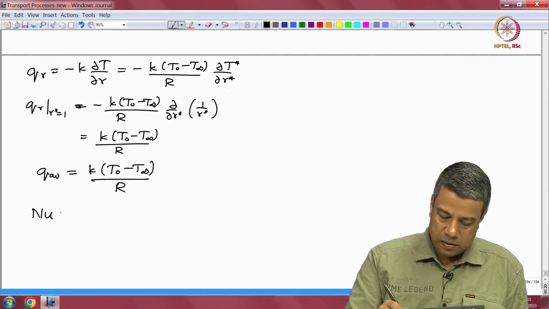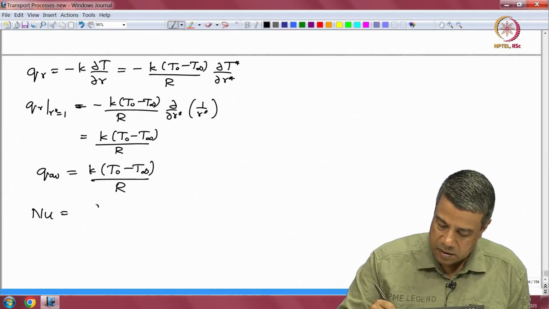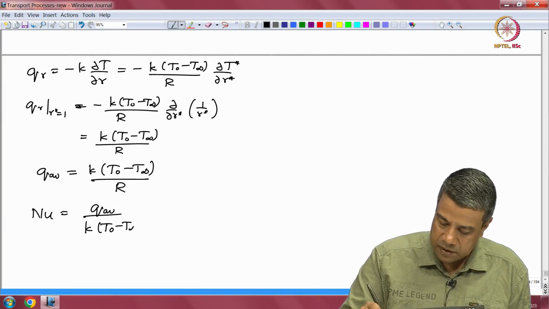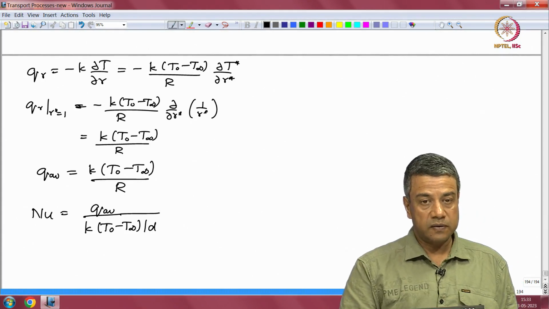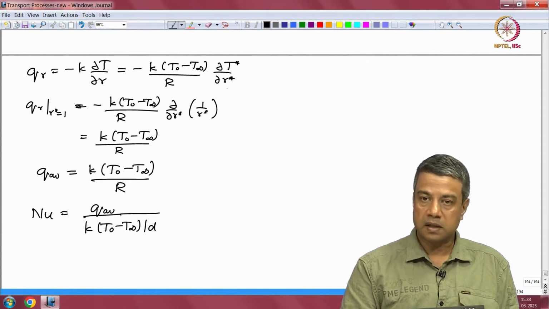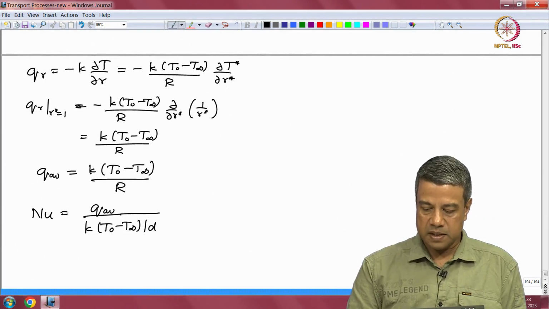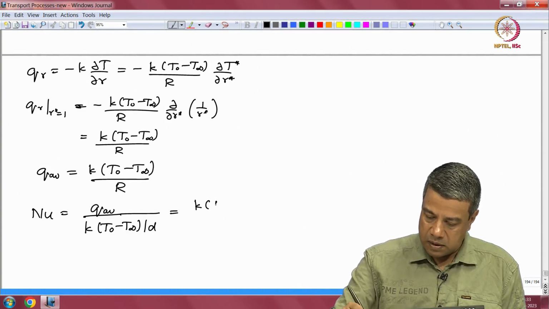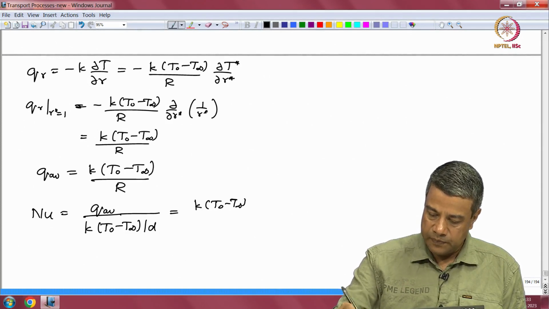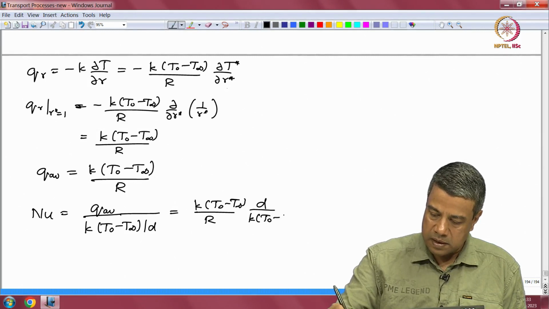Nusselt number is the flux by k into T naught minus T infinity by d. Note that the characteristic length for defining the Nusselt number for a spherical particle is the diameter, not the radius. So, if I define it based upon that, this becomes k into T naught minus T infinity by R into d by k into T naught minus T infinity.